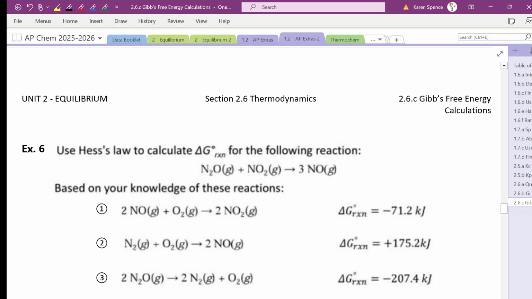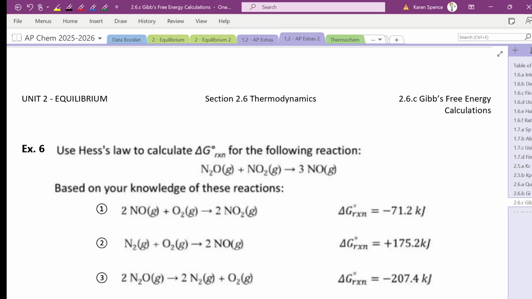Oh, example 6. We finally get to something exciting. Do you remember how to do Hess's law? That is a resounding silence. So it's a good thing we are doing this.